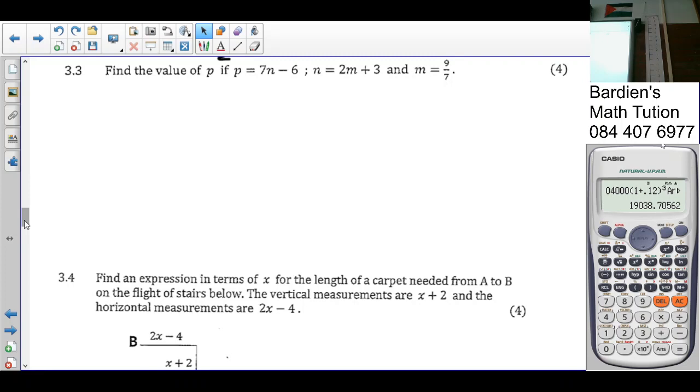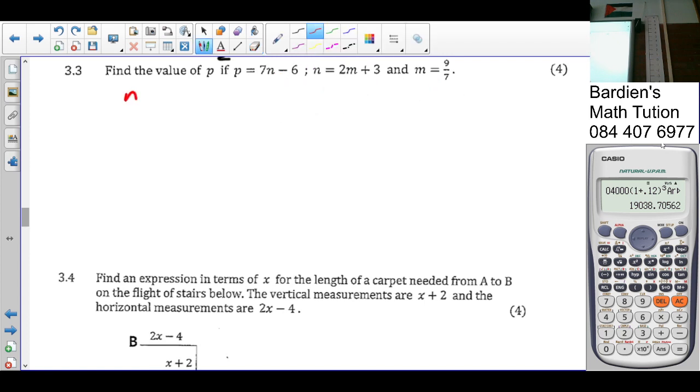So of course, if you're going to substitute n into that equation, it will become a very big expression in terms of m. So I can do it both ways. Let me first show you the easier way, which is to first substitute m into there. Once you've got the value of n, then you substitute the value of n into there. You guys understand? Yes. So we're going to do that method first.